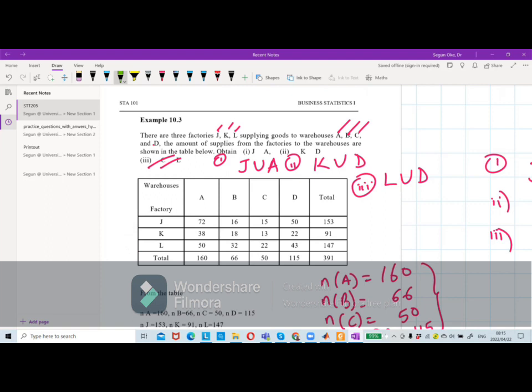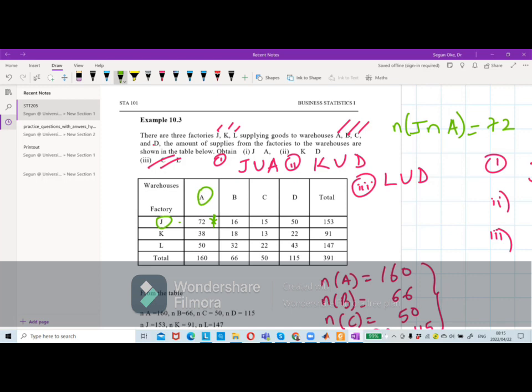The first thing we need now is the number of J intersection A. Look at J, where it intersects A. J, A. What's the value? The value there is 72.